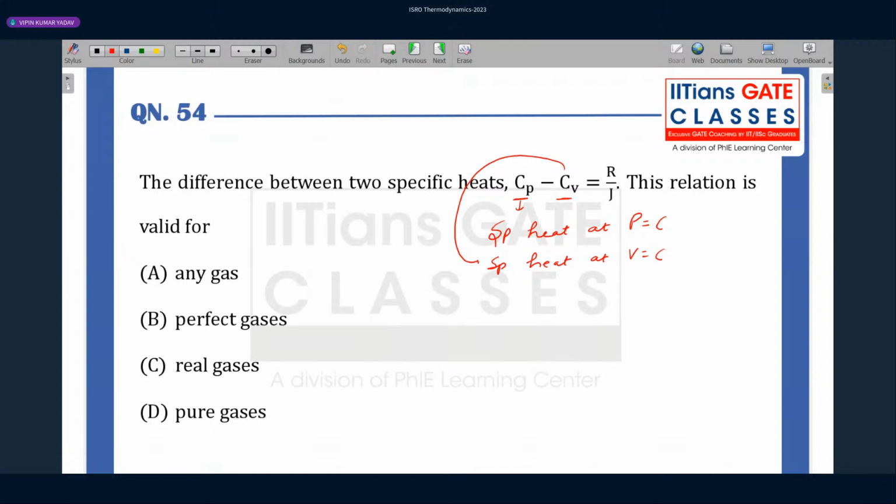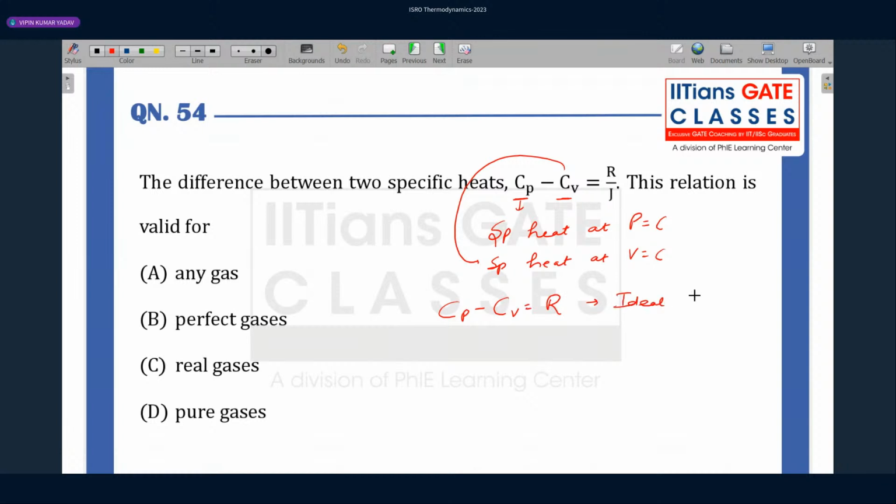So let's see. Cp minus Cv is equal to R by J. I hope you all know what type of gases this relation is valid for. Any gas, whether real or ideal, pure gases or perfect gases. I hope you all understand that this Cp minus Cv is what we defined for ideal gas.